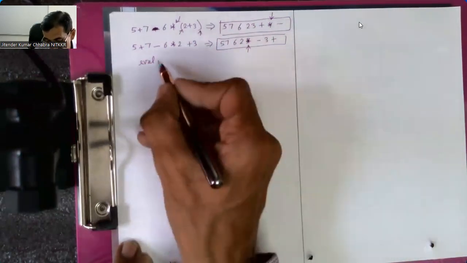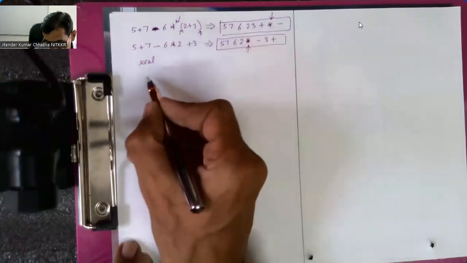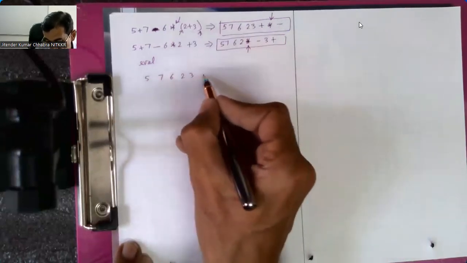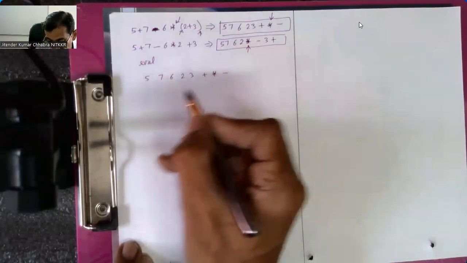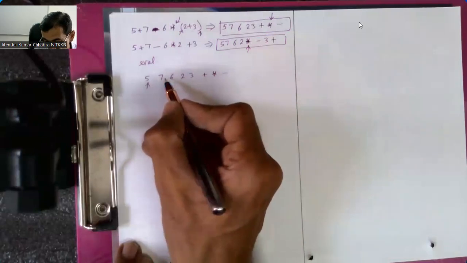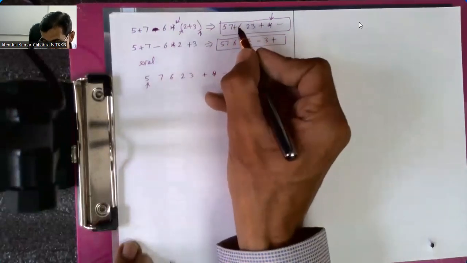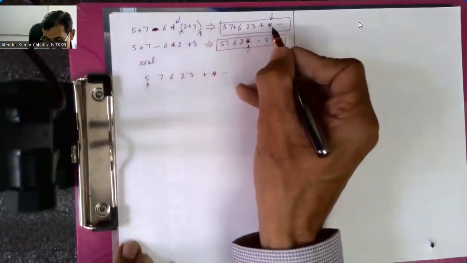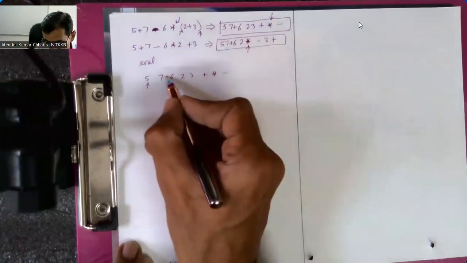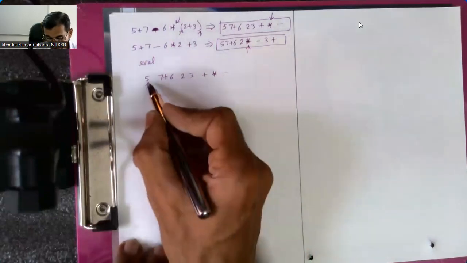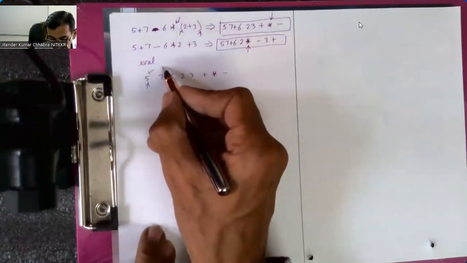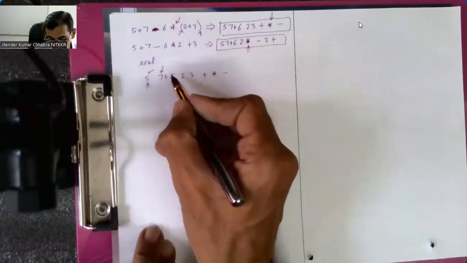Once we have that, my evaluation process is simple. I will go one by one. If I have 5 7 plus 6 2 3 plus star minus, I start with this. First, 5 is an operand, then 7, the second operand.